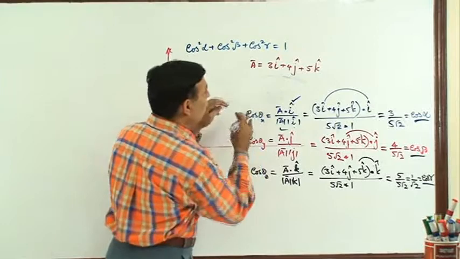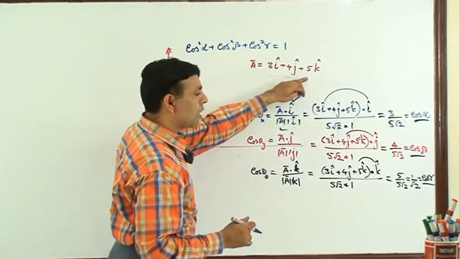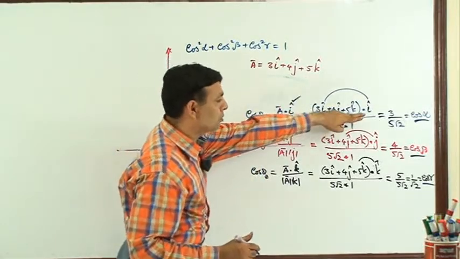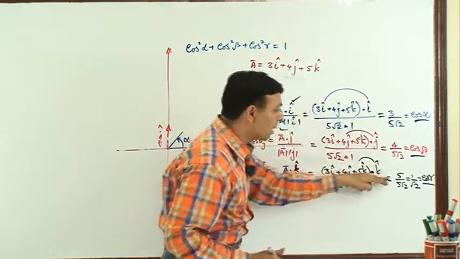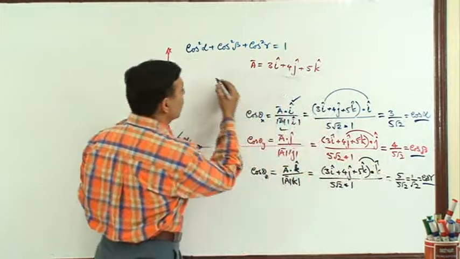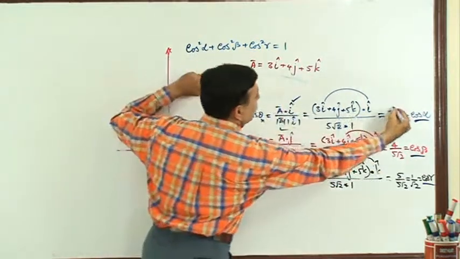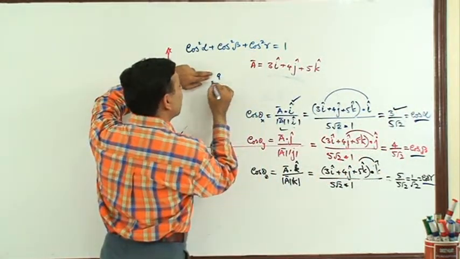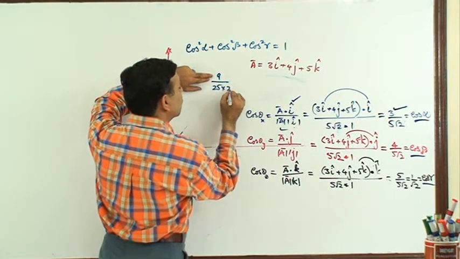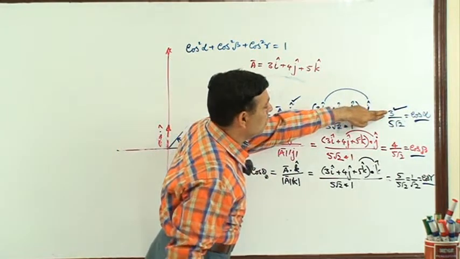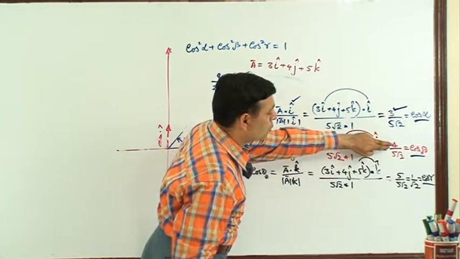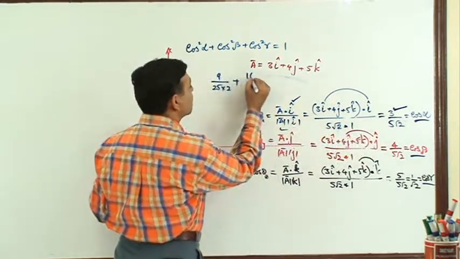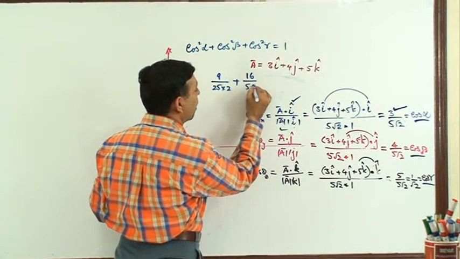Fine. So now you see, in this case you have the vector 3i plus 4j plus 5k, and cos alpha we are getting 3 by 5 root 2, cos beta 4 by 5 root 2, cos gamma 5 by 5 root 2, that is 1 by root 2. Just try to see what is cos square alpha. Square of this, that's going to be 9 by 25 into 2. This is going to be 4 square, 16 by 25 into 2, that is 50 anyway.